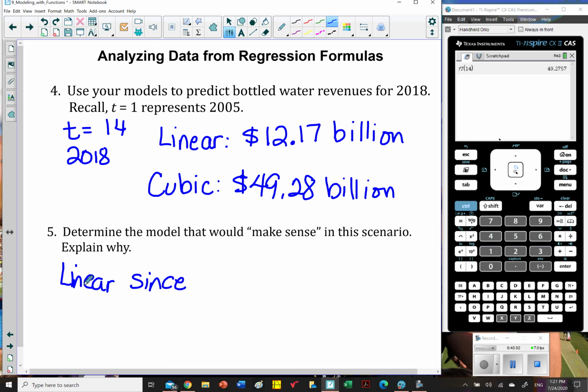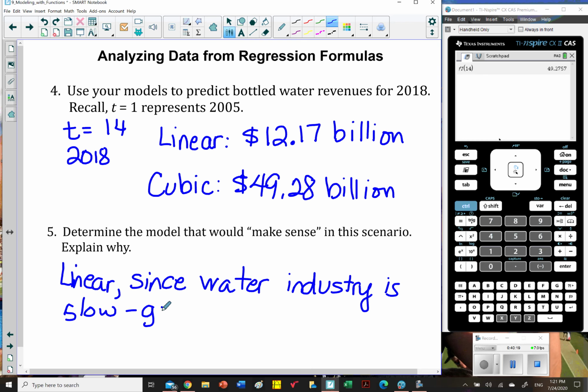So we could say that's something like linear because the water industry is slow growth, and it depends on the economy at the time.